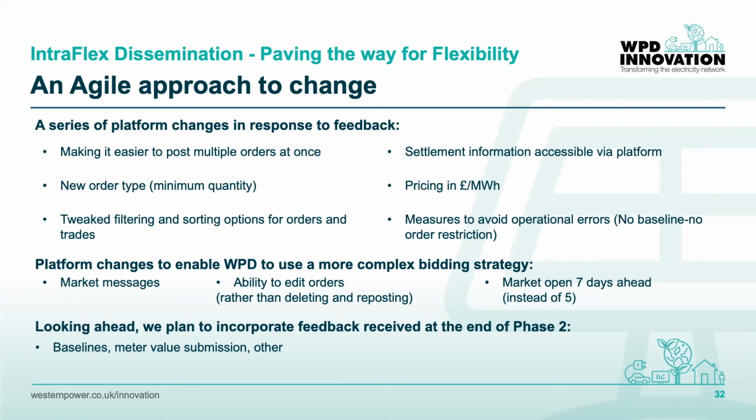I won't go through this entire list, but some changes that we made included making it easier to upload multiple orders at once manually. We made settlement information available directly on the platform, and we implemented a new order type. And then we also made some changes to enable WPD's more complex bidding strategy for phase 2.